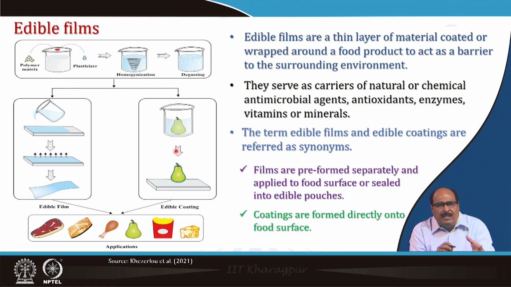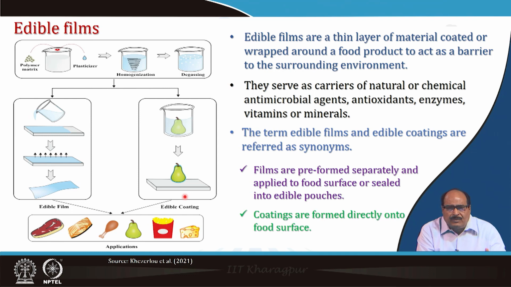So, basically the material is the same, the procedure may be different for application. One, you are getting edible film which can be used for wrapping and application on the surface, or by dipping method it is directly applied. So, generally the edible films and edible coatings are synonyms to each other.